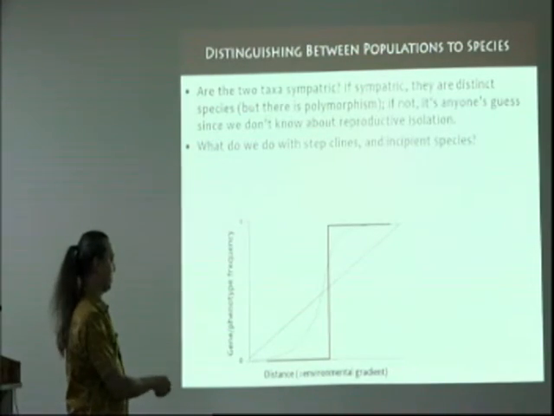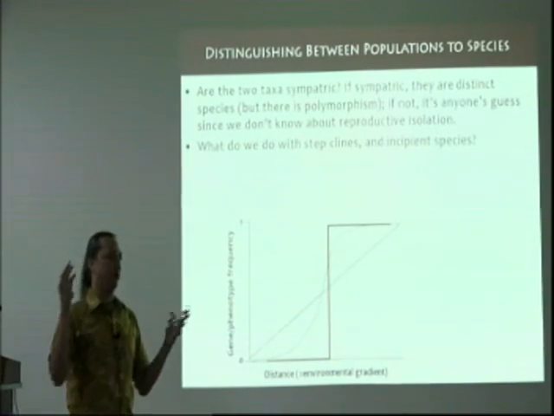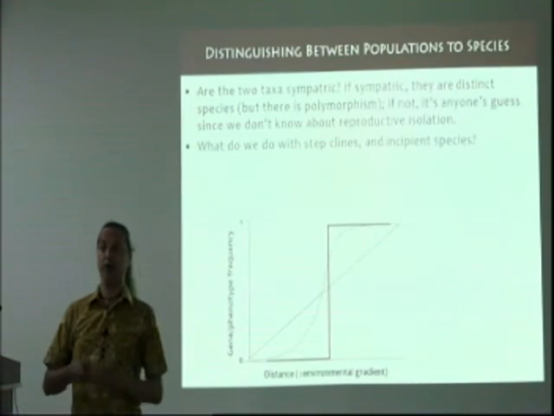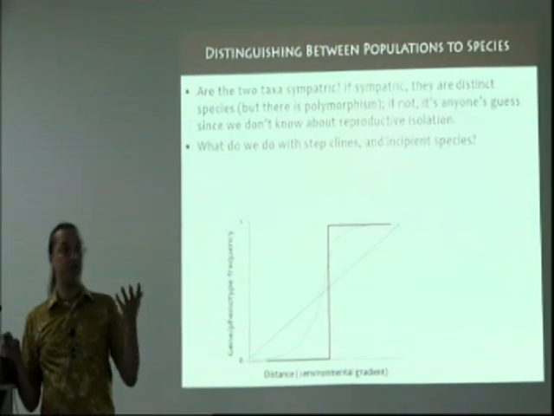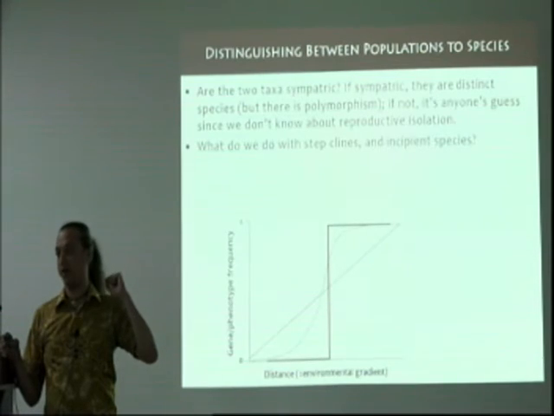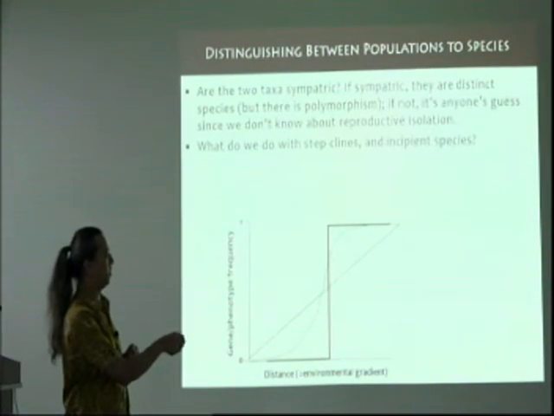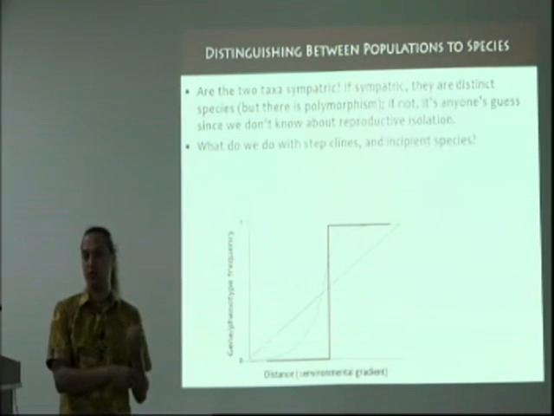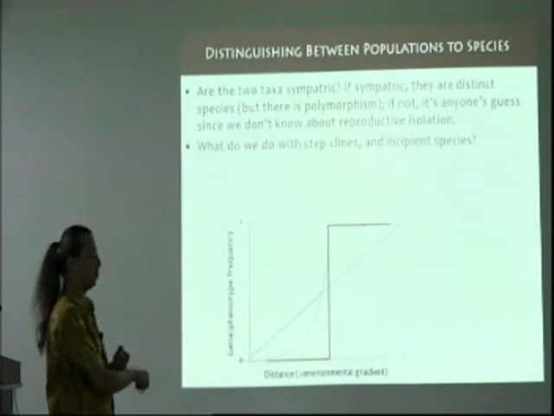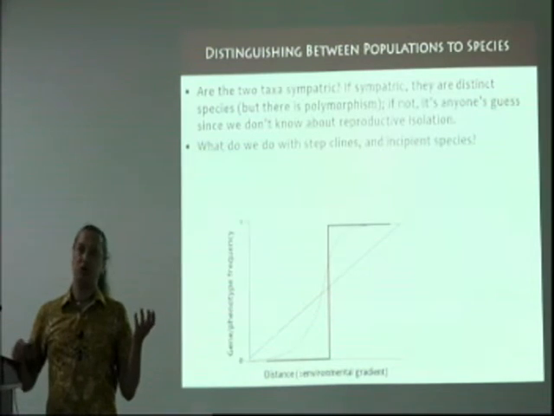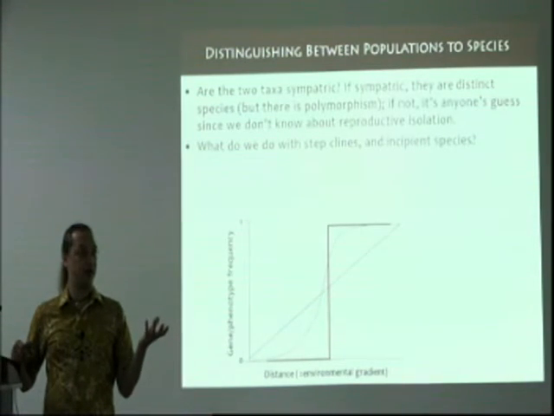So if you are sampling here, you look at, let's say, a ladybird beetle. They are much darker when you go to colder climates. So when you go here, you are going to see lots and lots of heavily melanized individuals. If you go here, you are going to see lots and lots of barely melanized individuals.